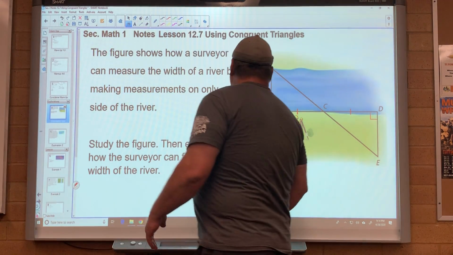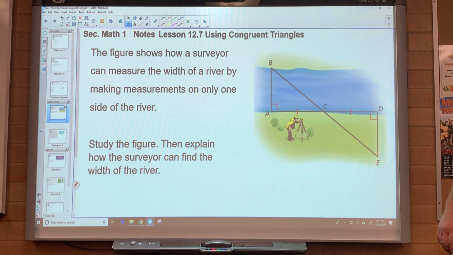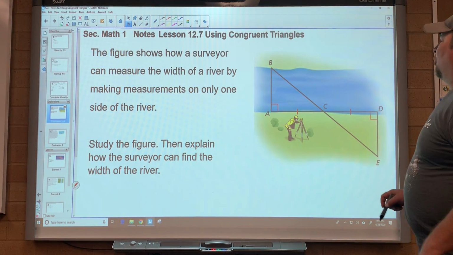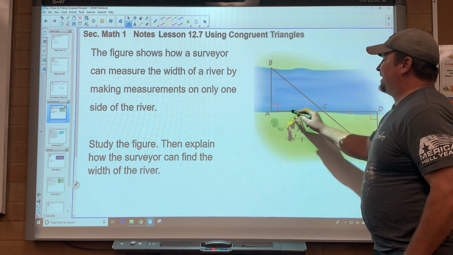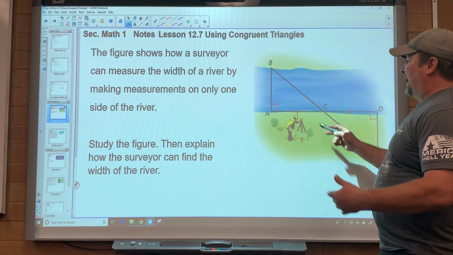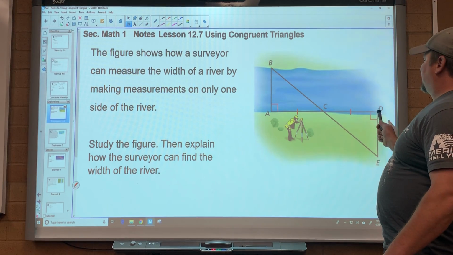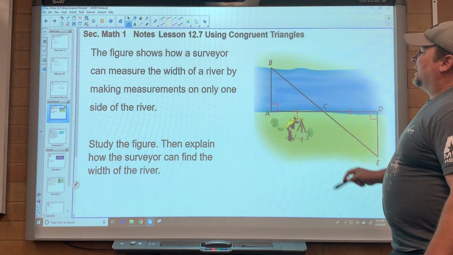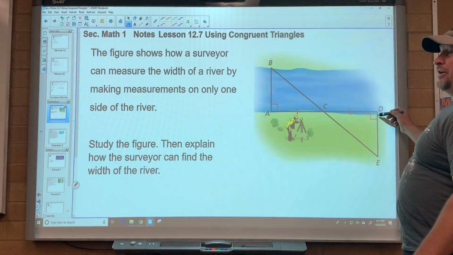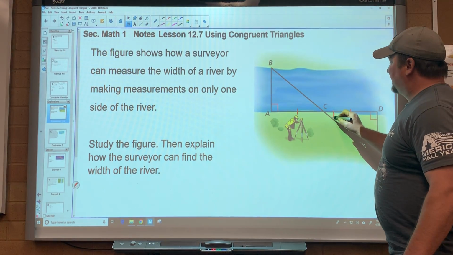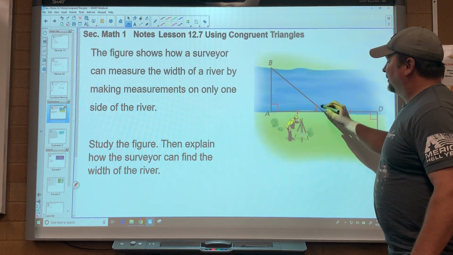Well, based on the five different ways we know to prove triangles congruent, we could measure this distance from A to C, and he actually did that. He then measured the distance from C to D. He then knew that there was a 90-degree angle here and a 90-degree angle here, and then this angle is vertical.